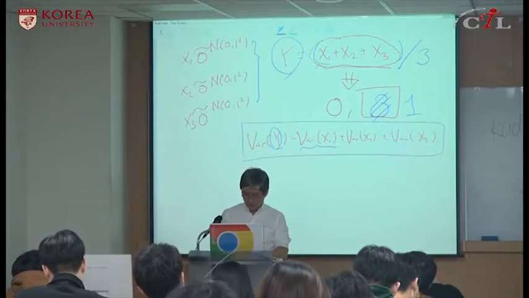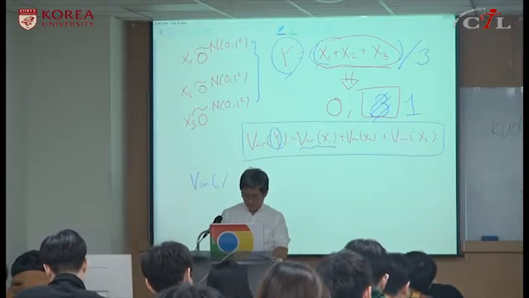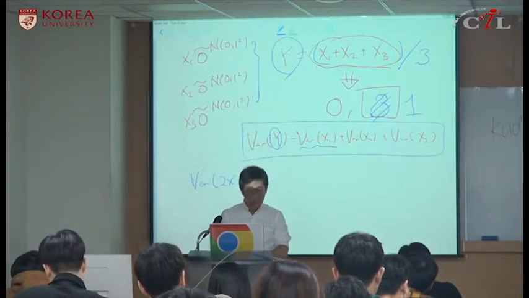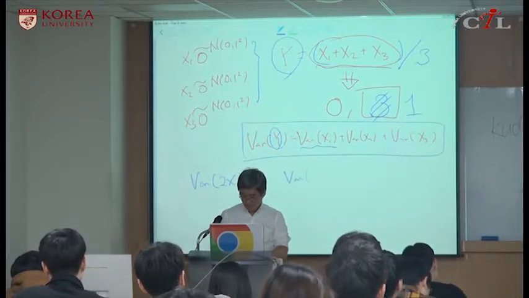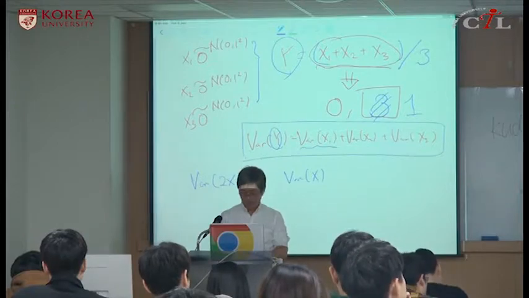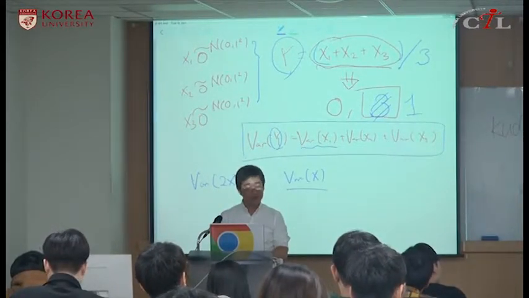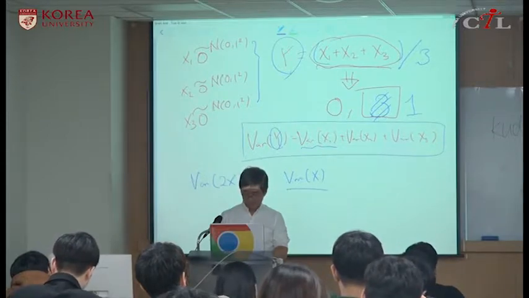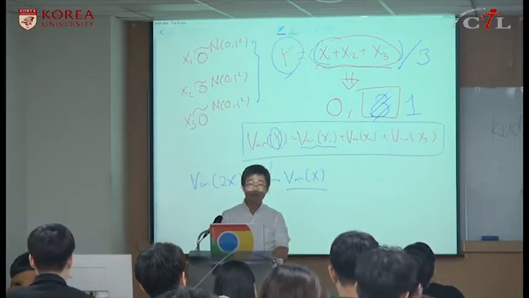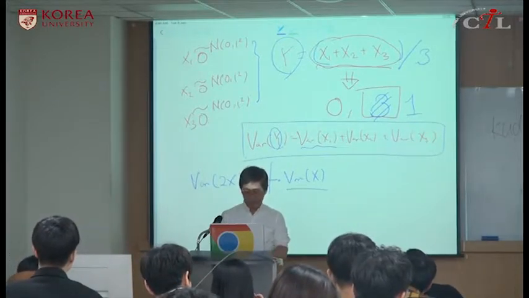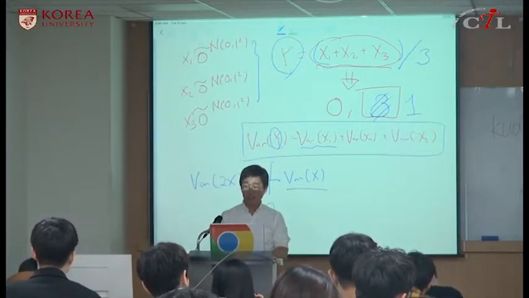So you guys know this: the variance of a times x is a squared times the variance of x. If a is 2, it is 4, and the standard deviation is actually 2, right?